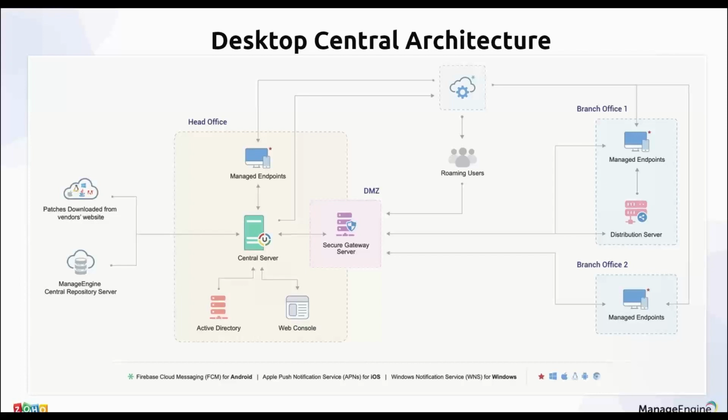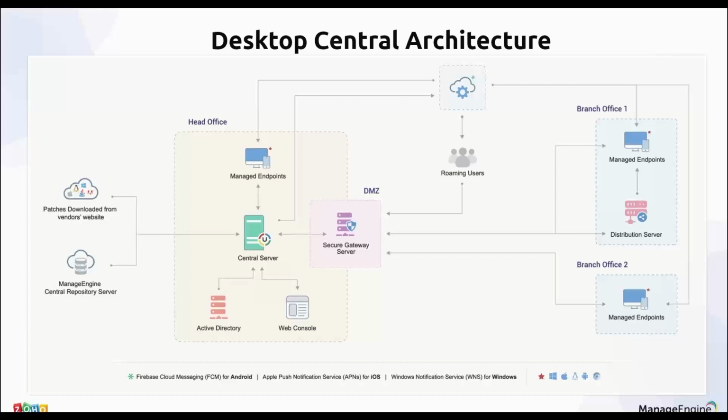The distribution server is also a small component that you install on a Windows machine. It downloads the necessary patches and software for all the computers in that office from the internet once, and then uses the local intranet connection to distribute it. Thereby, you'll be able to save a lot of bandwidth.